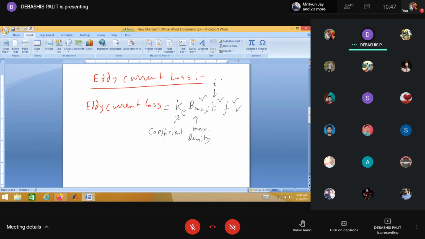Lamination is a term used for thin sheets of material stacked together.